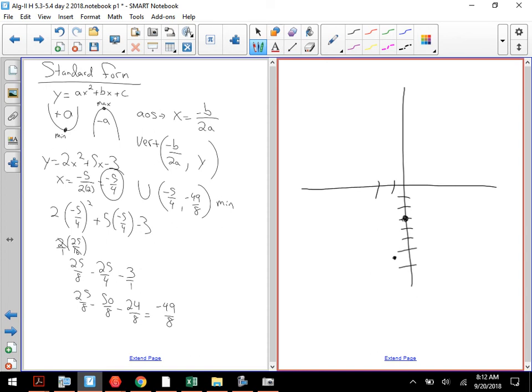What I'm going to try and do for you guys tomorrow is that I will make sure any of your intercept, any of your what do you call those things? Axis of symmetries, they're not like partially between the two numbers, like more skewed to one side versus the other. I try to stick with, at worst, halvesies, because the numbers are cleaner, they become more symmetrical. Does that make sense?